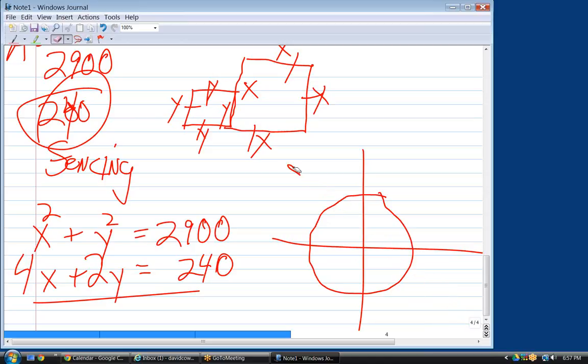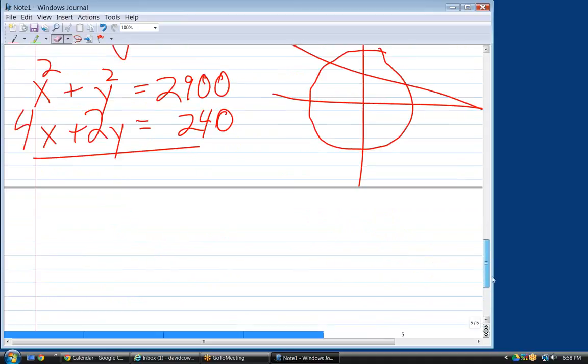I just estimated it. But it probably looks something more like that. And now we have a solution that has a positive x and a positive y. So, let's solve it algebraically. How do I solve this algebraically? In other words, how do I come up with those numbers?